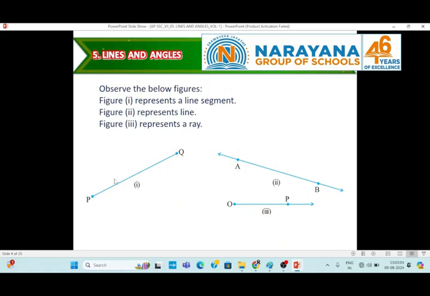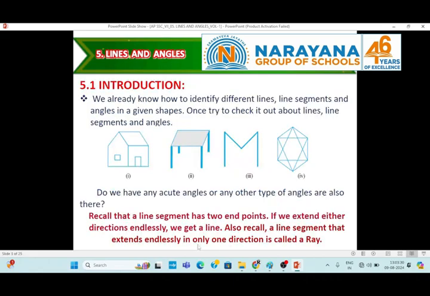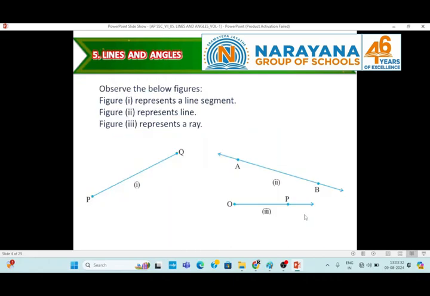Figure 1 represents a line segment because it has endpoints on both sides, P and Q. Figure 2 represents a line because it is extended on either side, shown with arrow marks, which means it extends endlessly on both sides. And the third figure represents a ray because it extends in only one direction, as we discussed, and that is called a ray.